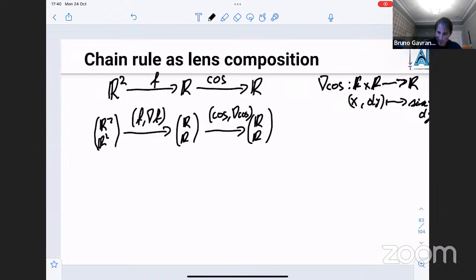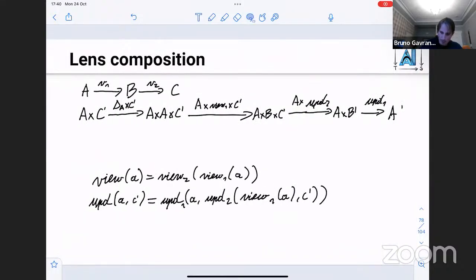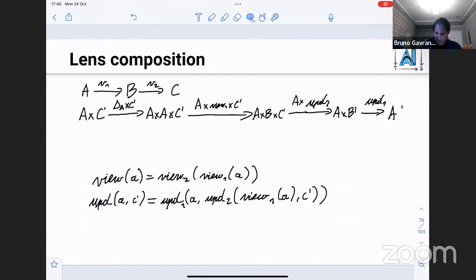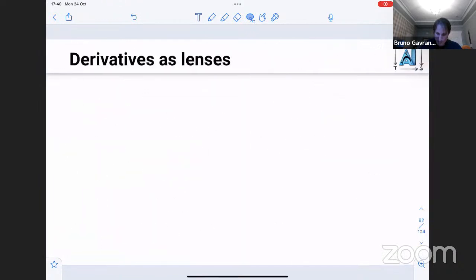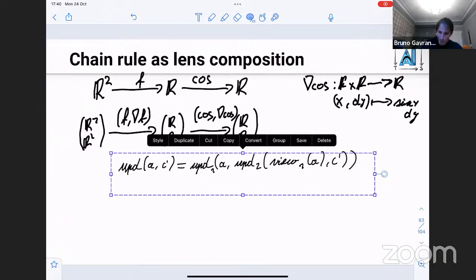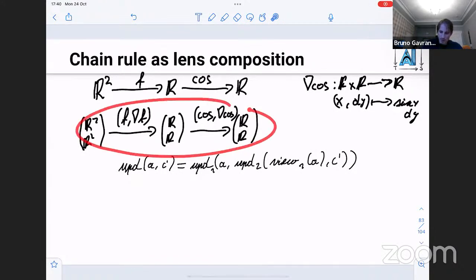So let's look at what happens. I'm going to take this formula that I've had here, and show this. What we're trying to compute here, just to establish, is a composite lens.